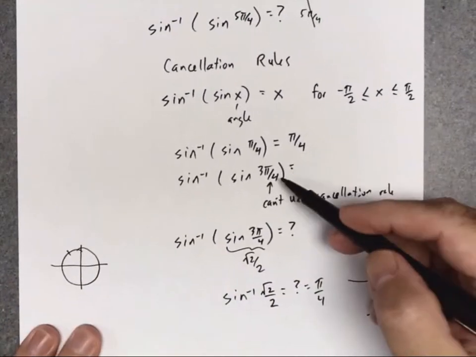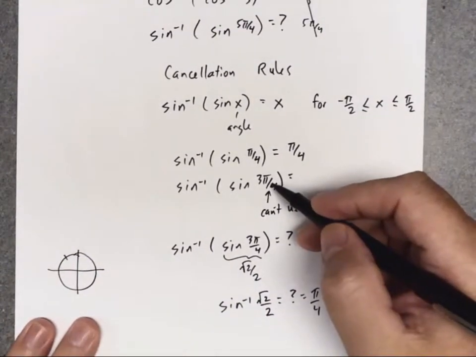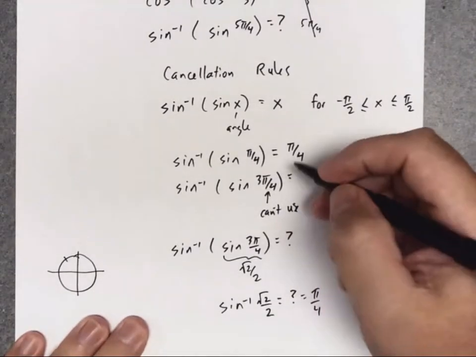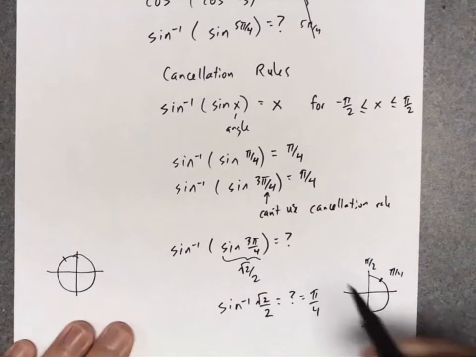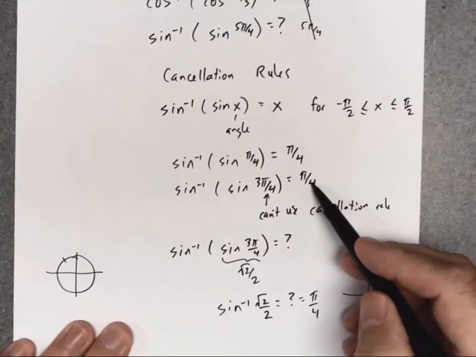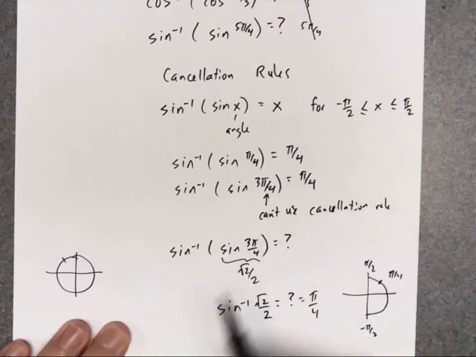So if I go way back up here to my original problem, it's true, I cannot use the cancellation rule. I can actually put an answer down, but it's pi over 4. You notice they're not the same.